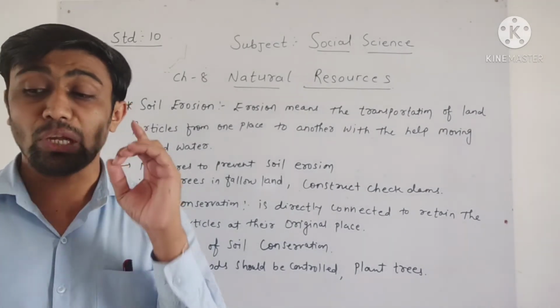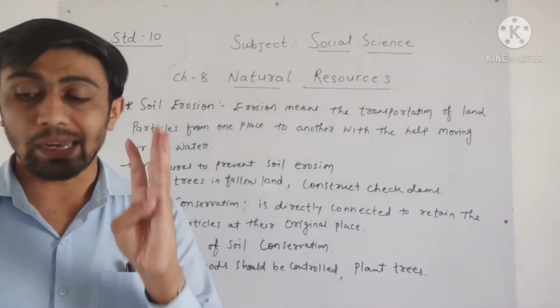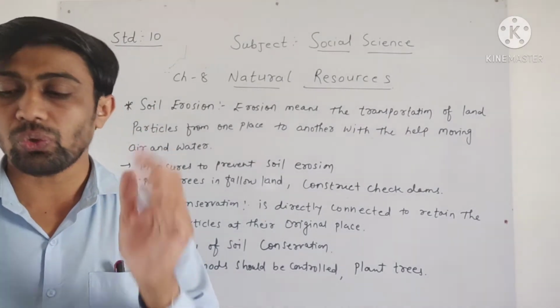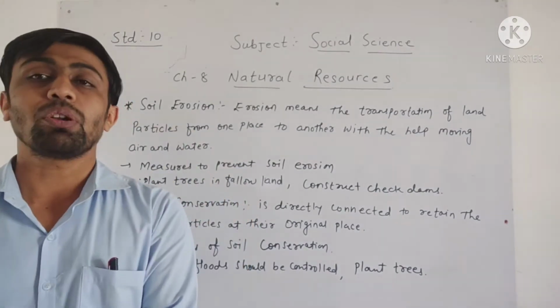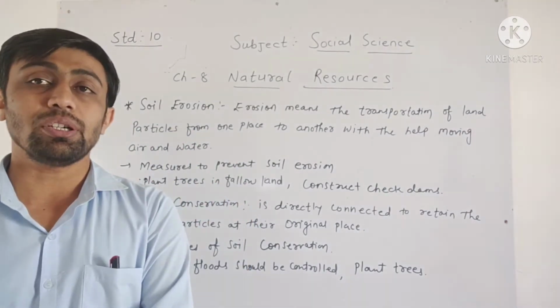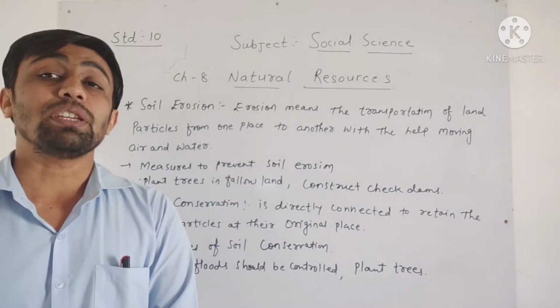Which types? Alluvial soil, red soil, black soil, laterite soil, desert soil, mountain soil, forest soil, marshy or peaty soil. So dear children, in detail, in the previous lecture we learned about each and every soil.